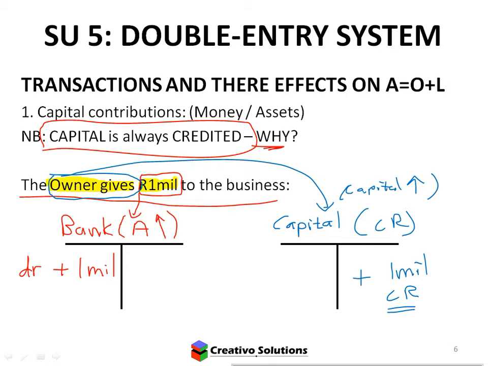If you want to do all the steps, you don't have to for capital because you don't have different types of capital. Capital is just capital, but you can if you want to. You can say, well, in this instance, did the owner contribute something? Yes. So did I have a capital contribution before they contributed? No, I didn't. Do I have a capital contribution after they contributed? Yes, I do. So it's gone up.